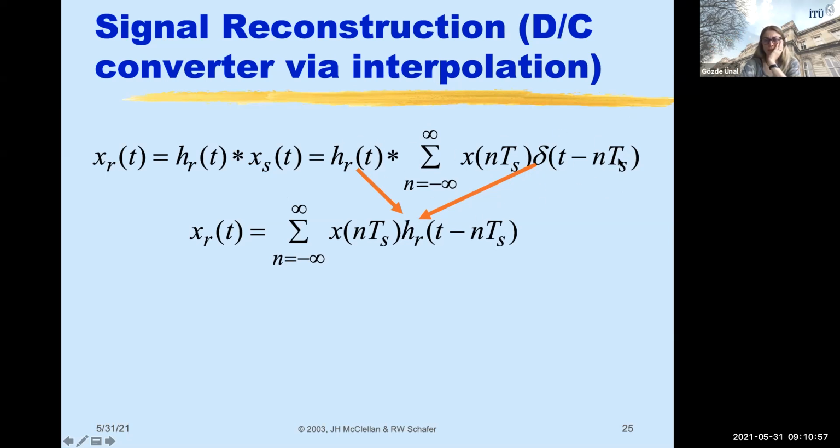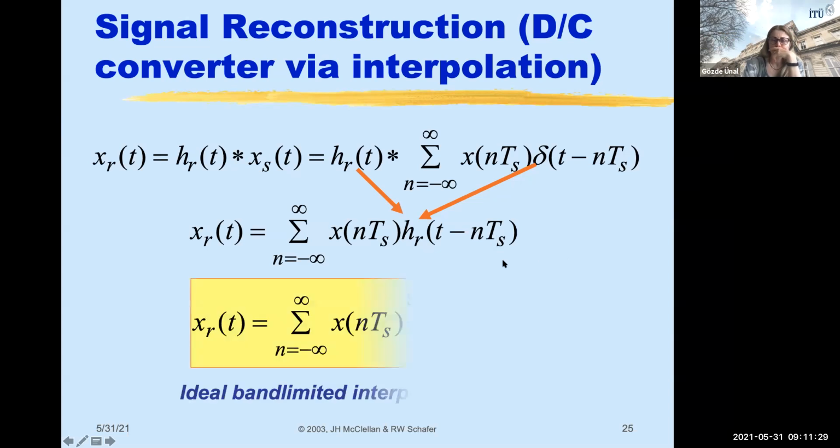So convolution with an impulse is the easiest thing we like to do, the most straightforward convolution. You just shift the signal that is being convolved by the shifted delta. So you see in the end, our reconstructed signal is these signal values, between which we are trying to interpolate, times the reconstruction filter, or this basis function, like the polynomials, shifted to these multiples of the sampling period.